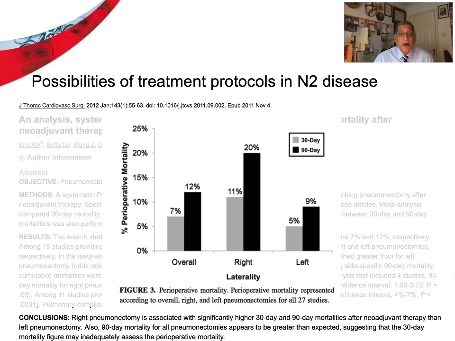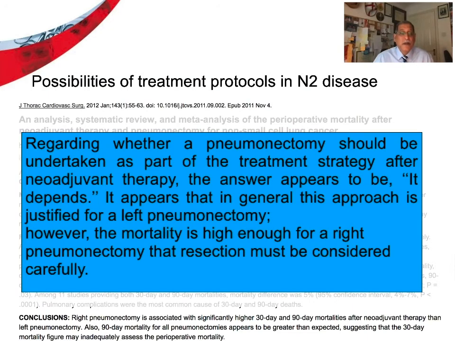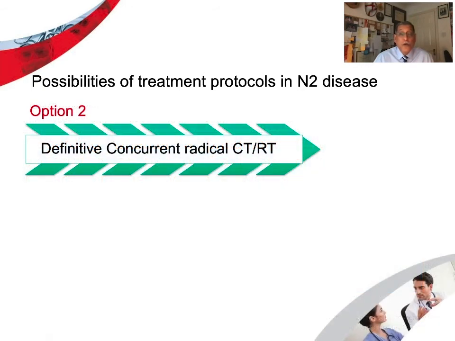They reported similarly high mortality following right pneumonectomy compared to left pneumonectomy, 11 versus 5% for 30-day mortality, and 20 versus 10% for 90-day mortality. Their conclusion is that it is safe for left pneumonectomy but high risk for right pneumonectomy, and the latter should be considered very, very carefully, or possibly not at all.